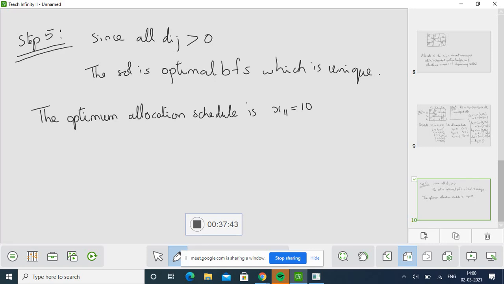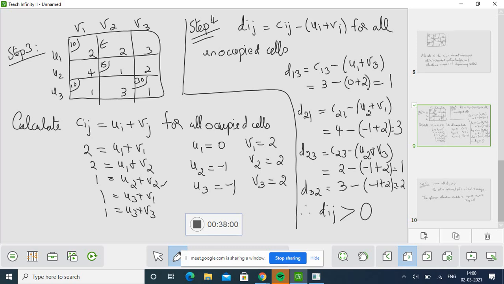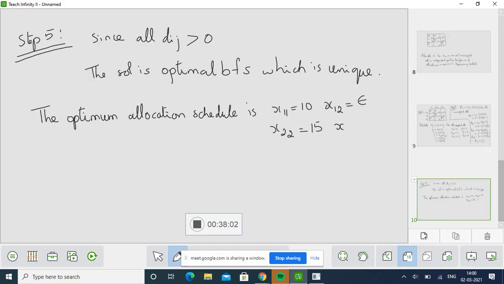Then I have x12. What is that value? Epsilon. X22, I think we allocated 15. Then X31, what we have? X31 is 10 and X33 is 30.